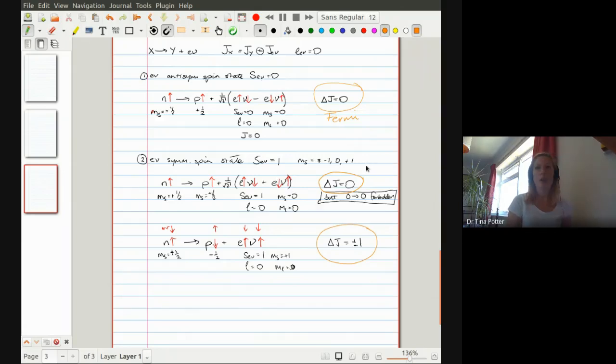Or you can have these two, which are called Gamow-Teller transitions here. So these are the 2 types. Either a spin 1, a symmetric spin state for the electron neutrino is emitted, and you have a Gamow-Teller there, or a spin 0 state is emitted, and that's our Fermi.